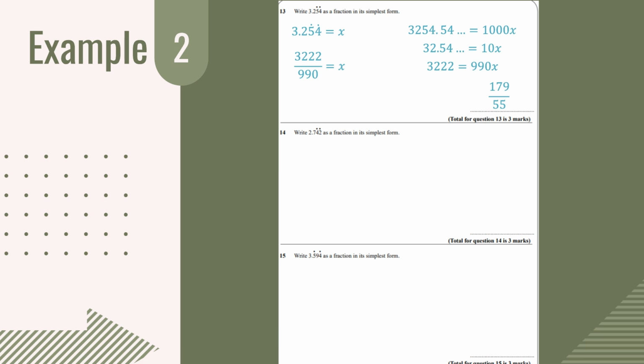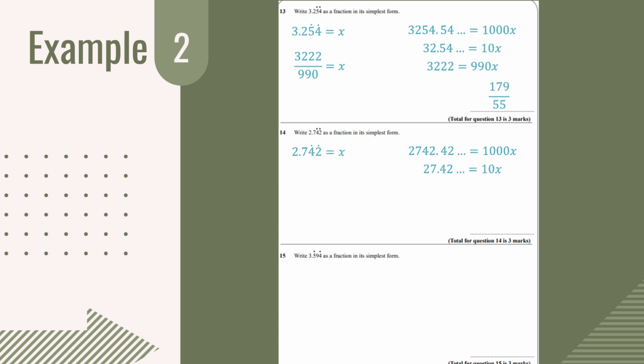Now, with our second question, we're asked to write 2.742 recurring as a fraction in its simplest form. We put that to x, and now we will times it by 1,000 again to get 2,742.42 recurring. Times it by 10, and we get 27.42 recurring.